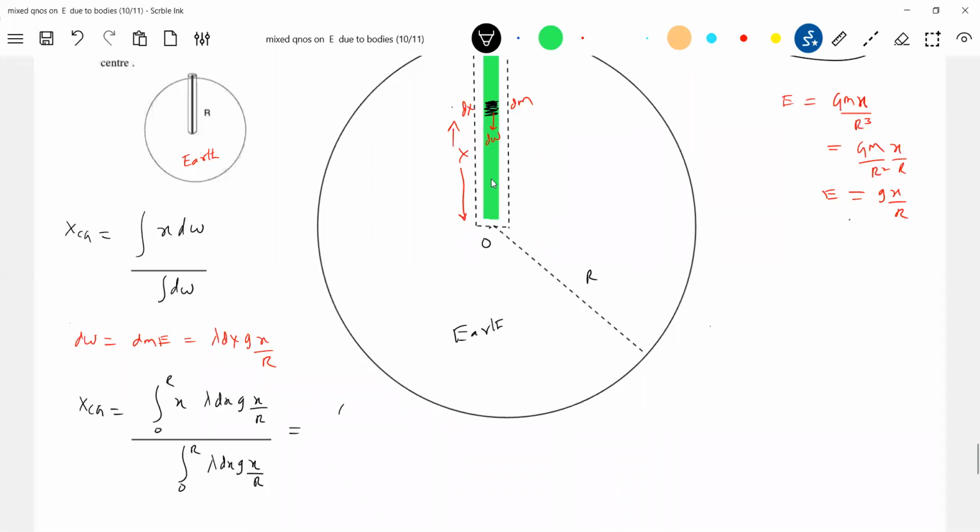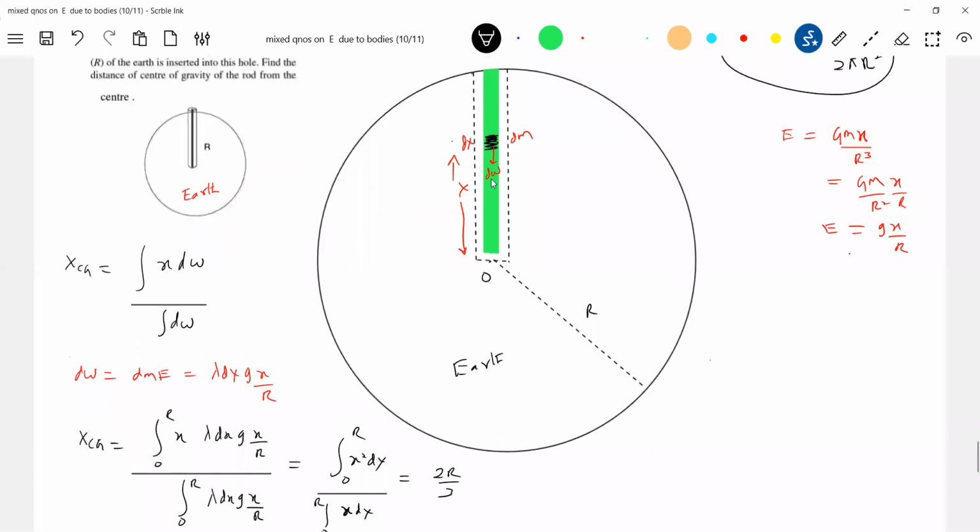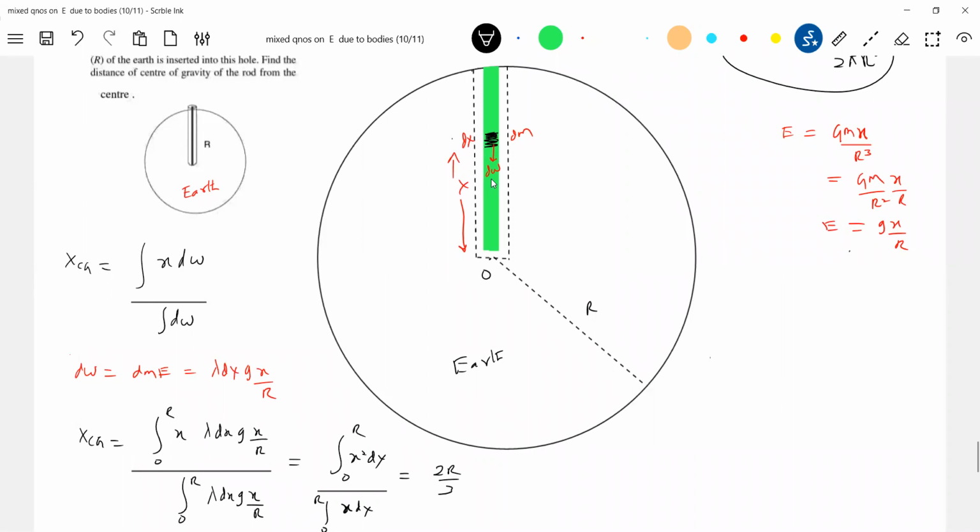So everything will become x square dx from 0 to R divided by x dx from 0 to R. Any value of this? 2R by 3. Okay, I think now very good discussion. Where is the center of mass? R by 2. But where is the center of gravity? 2R by 3. Okay, fine.